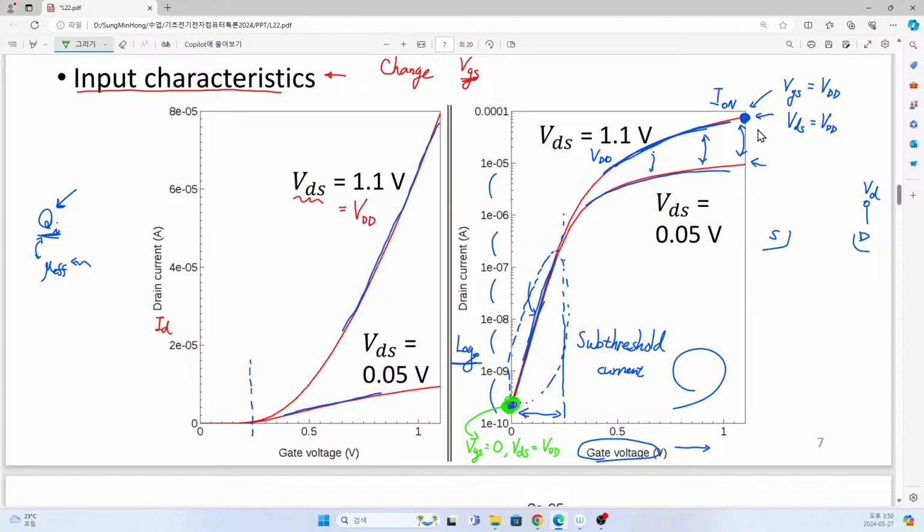So this value is our wanted current, and this current is our unwanted current. So our aim is to reduce this unwanted current, usually called I off. At the same time, we wanted to maximize this wanted current I on. Yes, that is our usual aim to fabricate this device.